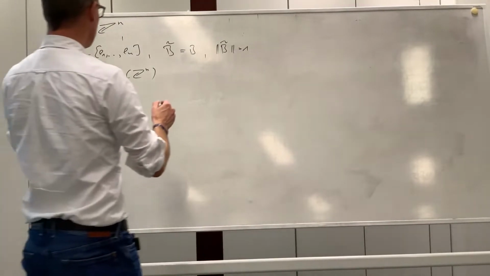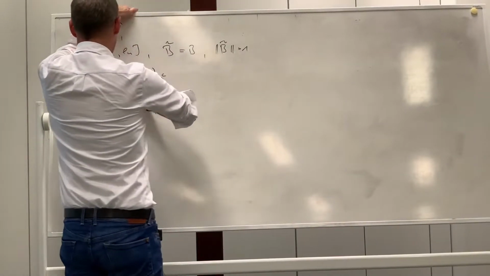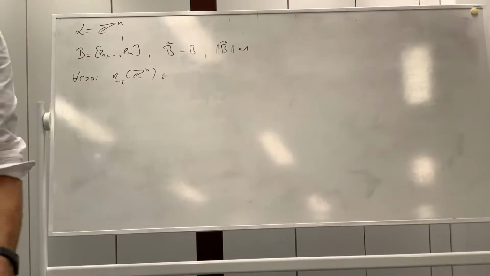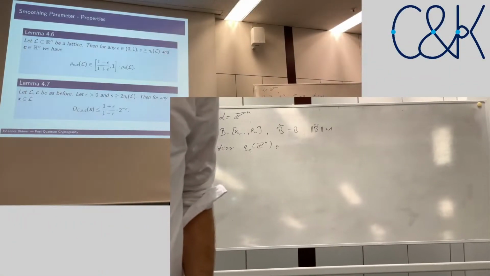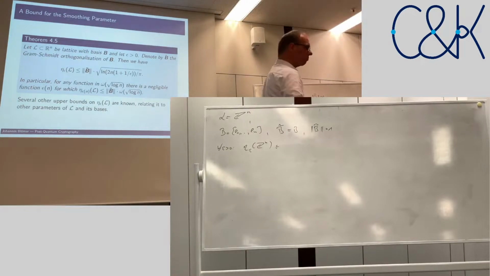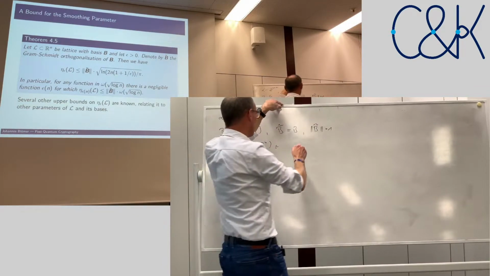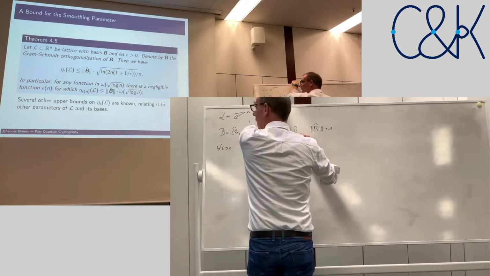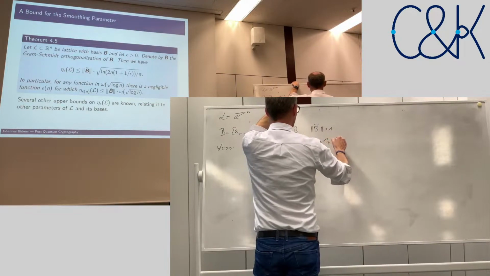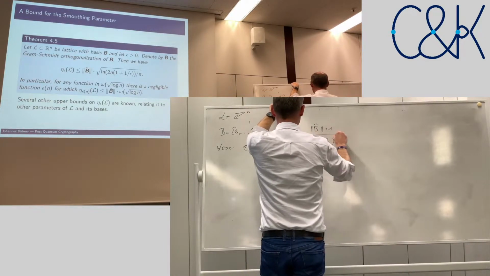is upper bounded by, so we can use again our bound from before, the general bound that we had here. B tilde is 1, so we just have to take this ln(2n(1 + 1/epsilon))/pi, and we take the square root.